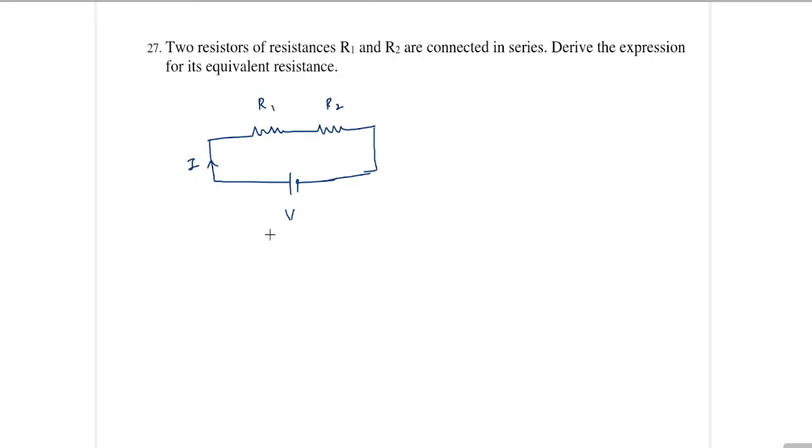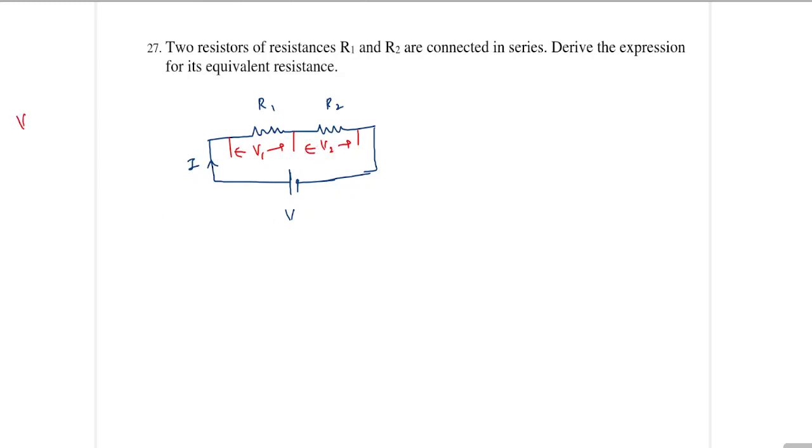This is R2. In series combination, the current remains the same, but the voltage will vary. So the voltage that I apply divides into 2 parts. A part of the voltage comes across R1 and a part across R2. Let us call this V1 and this V2.